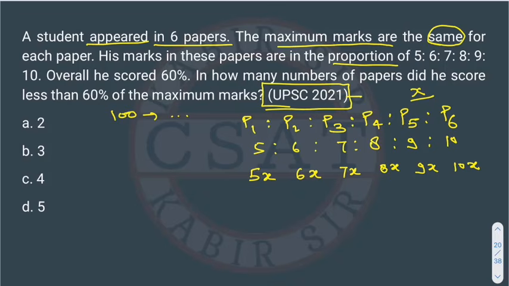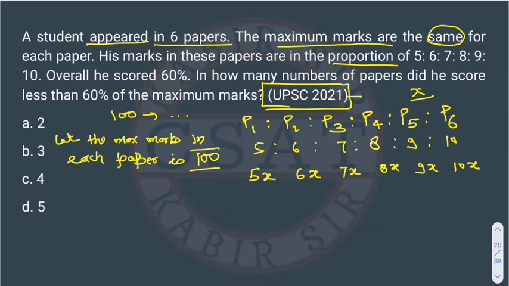So in total there are 6 papers. Suppose, as I already told you, when we are solving questions in percentage, what do we assume? Let the maximum marks in each paper be 100.